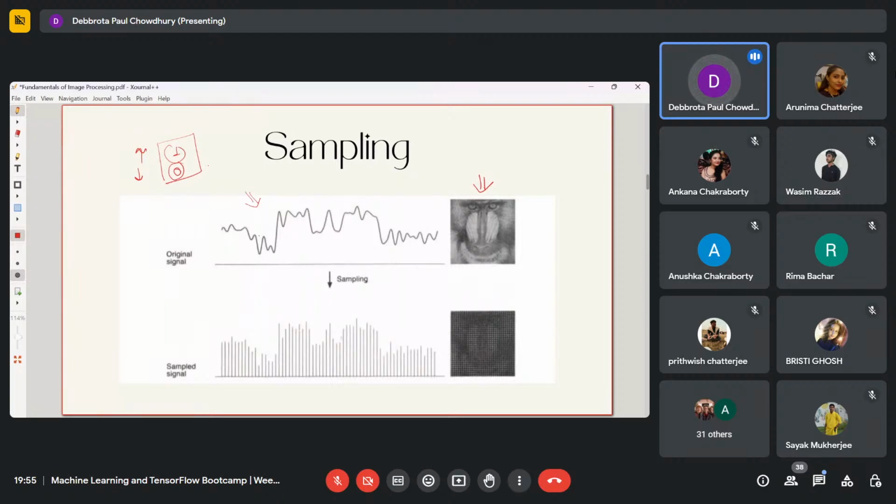These are continuous values, and to discretize them, to get discrete values, we have to sample them. What is the meaning of sample?